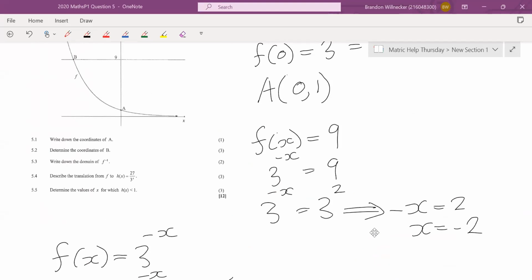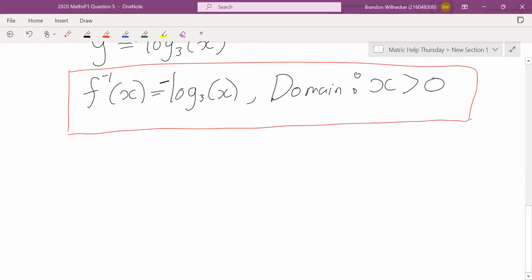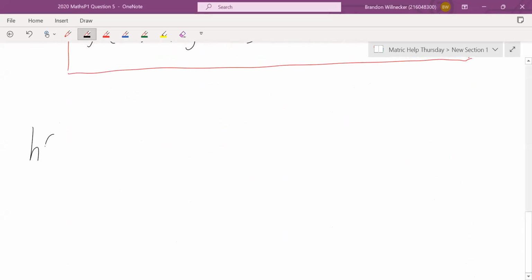Okay, so let's go through this one. We have h of x is equal to 27 over 3 to the x. What we want to do is start with our new function and work backwards to see how we got from the old function to the new function.